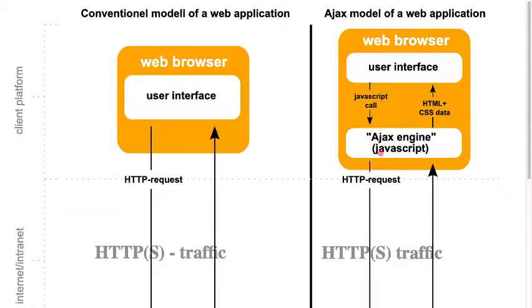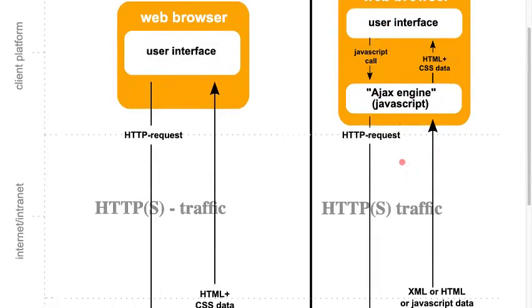This is the part of the web browser that understands JavaScript and knows how to execute JavaScript, how to call functions, etc. When the user clicks a button, it makes a JavaScript call to a function, say, add new to-do, or in the case of the hangman game, check user input.